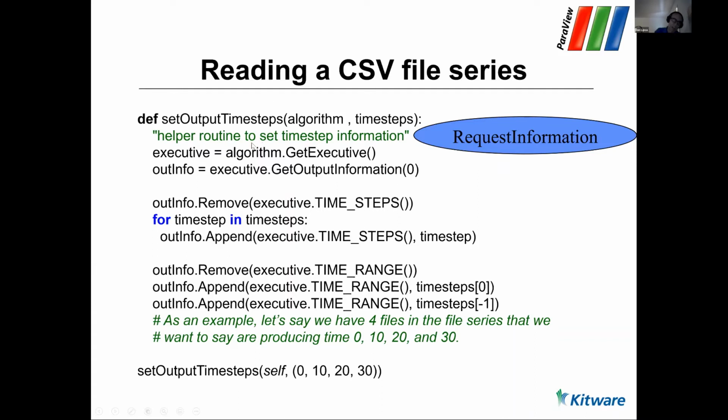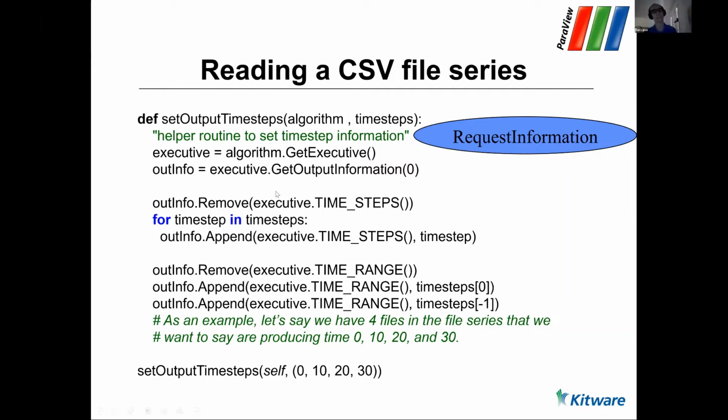And in here are the gory details on how we do that. VTK filters communicate with the pipeline using these information objects. We get the output information from the executive. The pipeline executive is the object that executes the pipeline and manages the communication between filters.